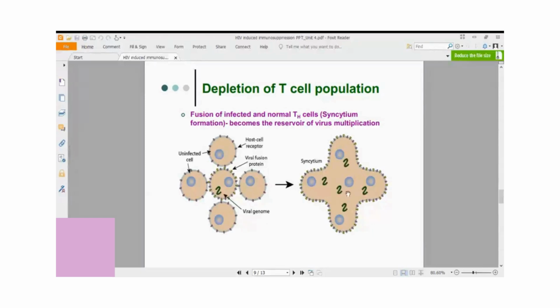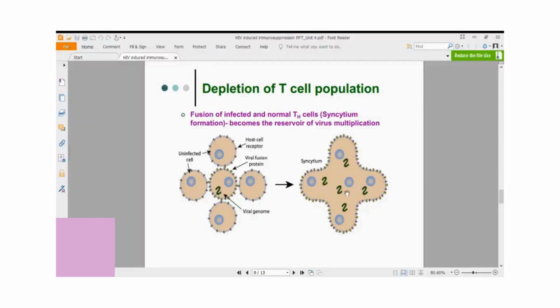So this is initiated by a viral protein. The virus which has infected the TH cell through the CD4 receptor will now command that cell to produce a special protein on the membrane, and that protein is responsible for causing the fusion of the other cells which are not yet infected by the HIV virus.